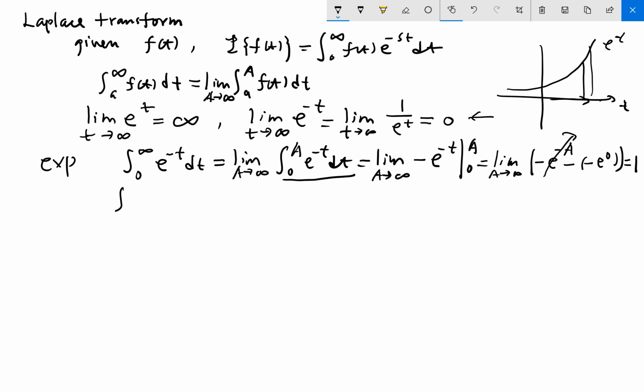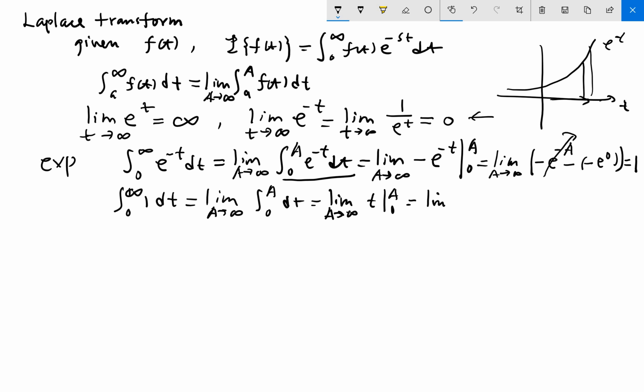Now let's look at another one. The function we try to integrate here is 1 dt, from 0 to infinity. We have another improper integral. By definition, this is the limit as a goes to infinity of the integral from 0 to a of dt. That gives you the limit as a goes to infinity of t evaluated at 0 and a.